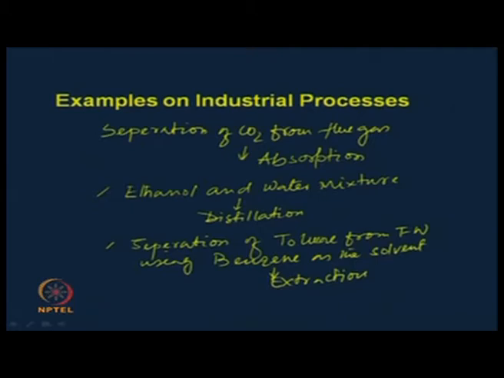So, these are the common examples of industrial processes. Now, let us classify mass transfer operations. If there are multi-phase systems, as we know, we have three states: gas, liquid and solid. With these three phases, we can have 6 combinations of phase contacts.